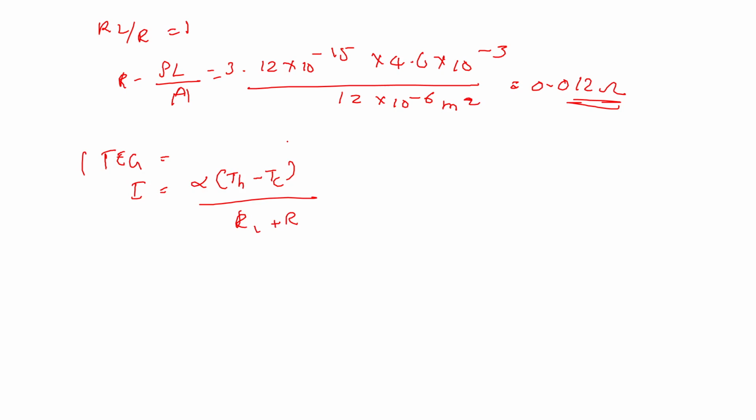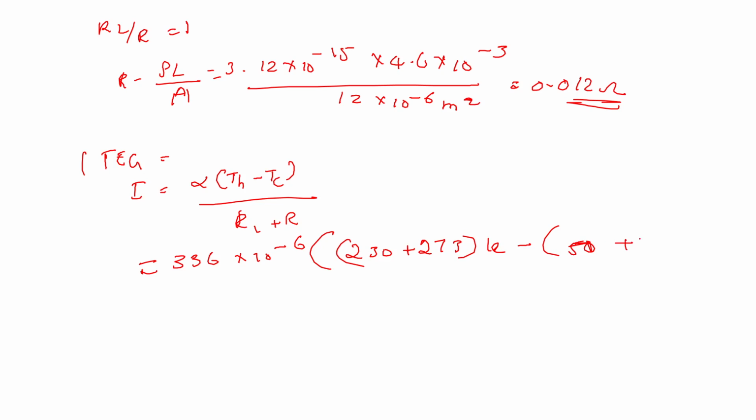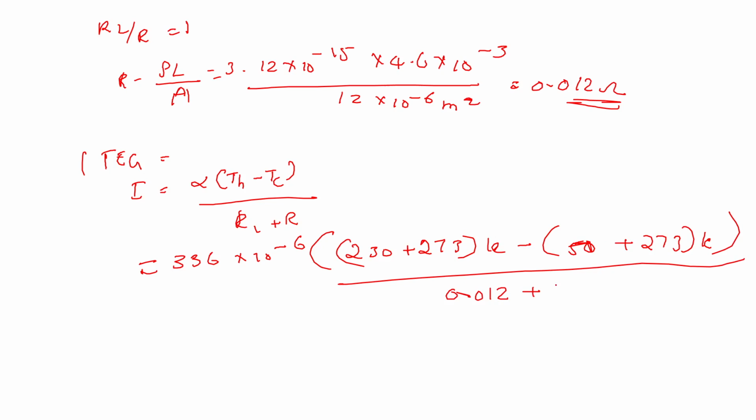So the R value we already found, the RL value is also the same, the alpha value is also given, and TH and TC are also given. So you can write it as 336 times 10 to the power minus 6 times (230 plus 273 Kelvin minus 50 plus 273 Kelvin) divided by 0.012 ohm plus 0.012 ohm. So the answer will be 2.528 ampere. Okay, so that will be the current.